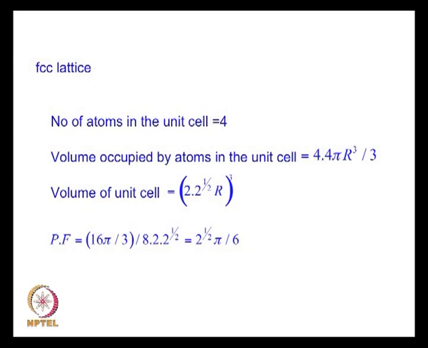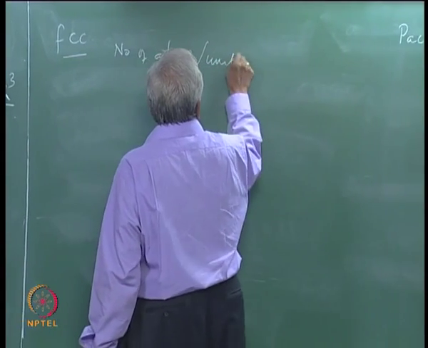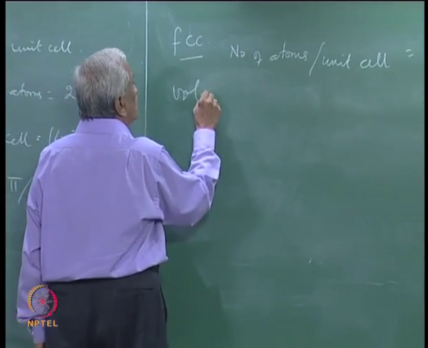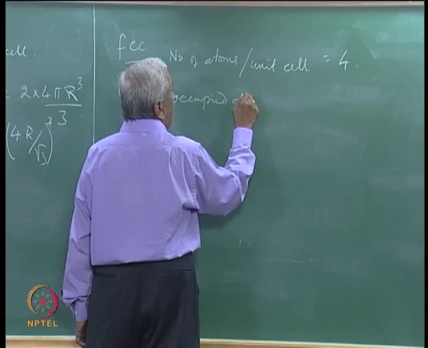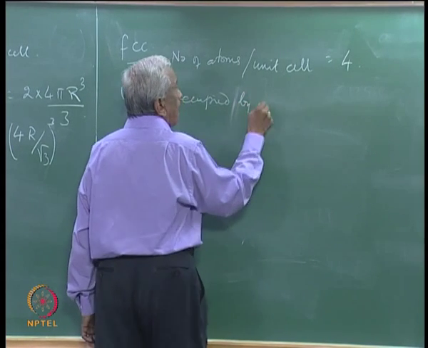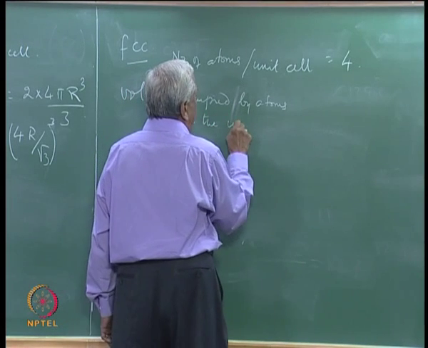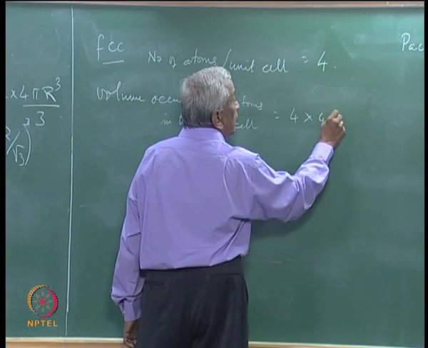Next, we consider the FCC structure, face centered cubic structure, where the number of atoms per unit cell is 4. So, the volume occupied by atoms in the unit cell is 4 times 4 pi r cube by 3.